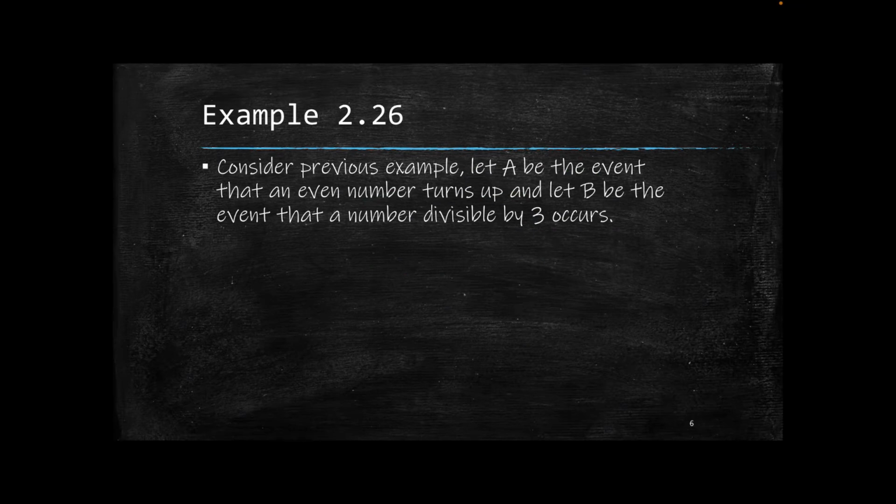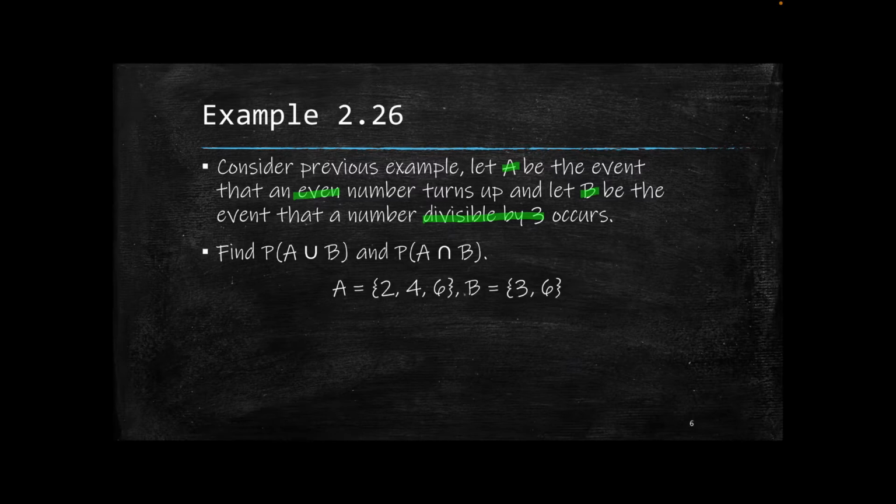Next, we consider the previous example. Let A be the event that an even number turns up, and let B be the event that a number divisible by 3 occurs. Then find P(A union B) and P(A intersection B). So here is the subset of event A, which consists of 2, 4 and 6, and B with the elements 3 and 6.